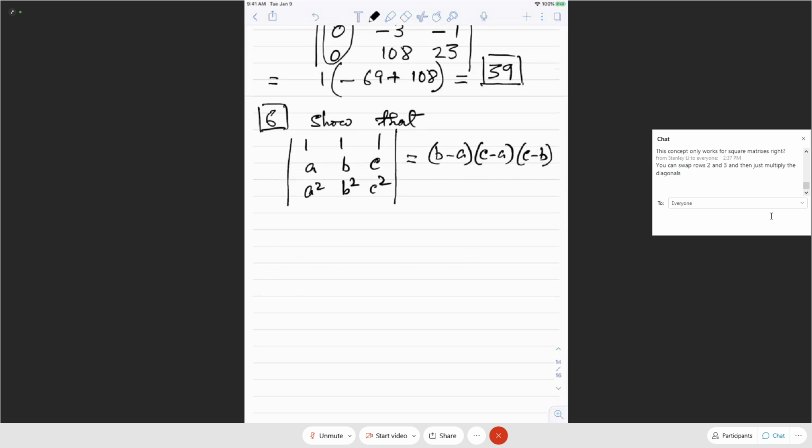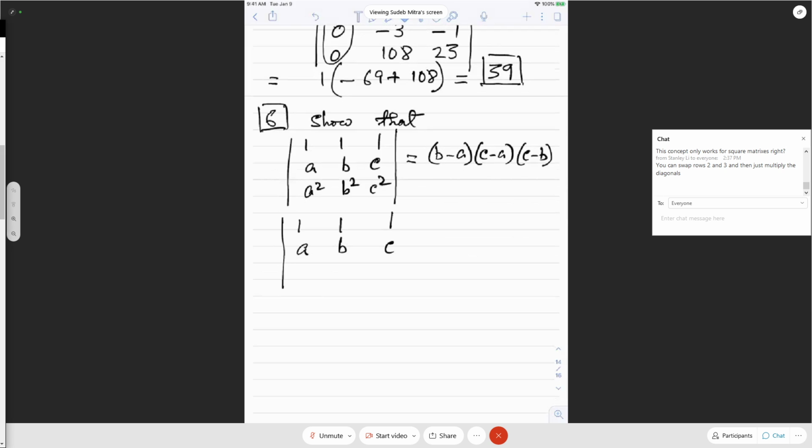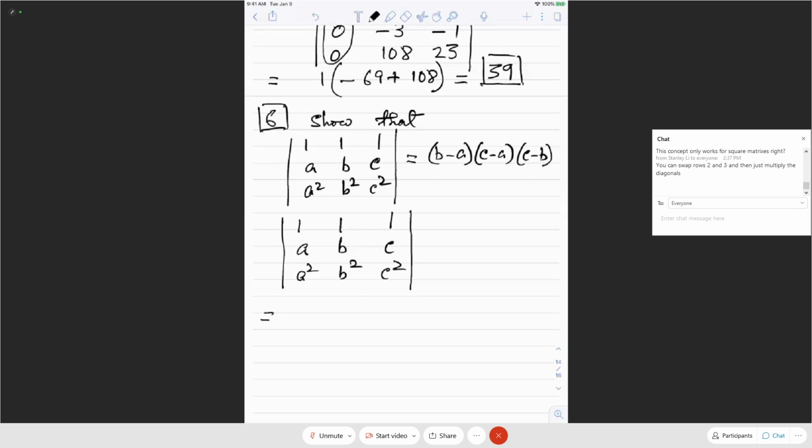So this is really fun. You see, what you do is you multiply the first row by minus A and add it to the second row.